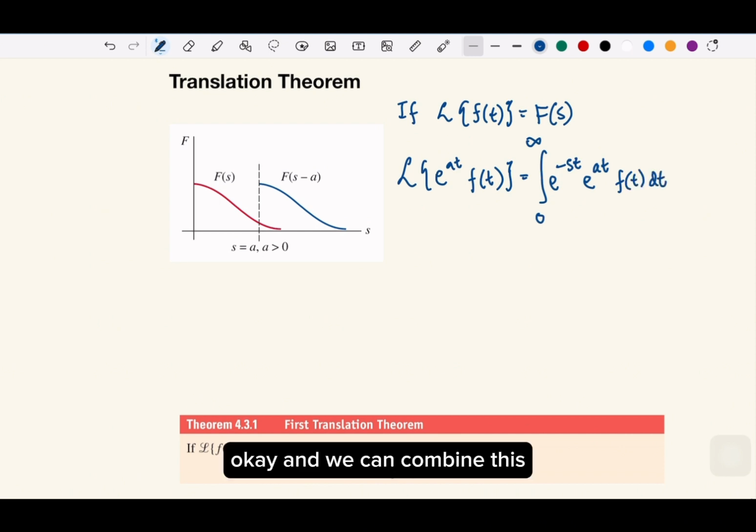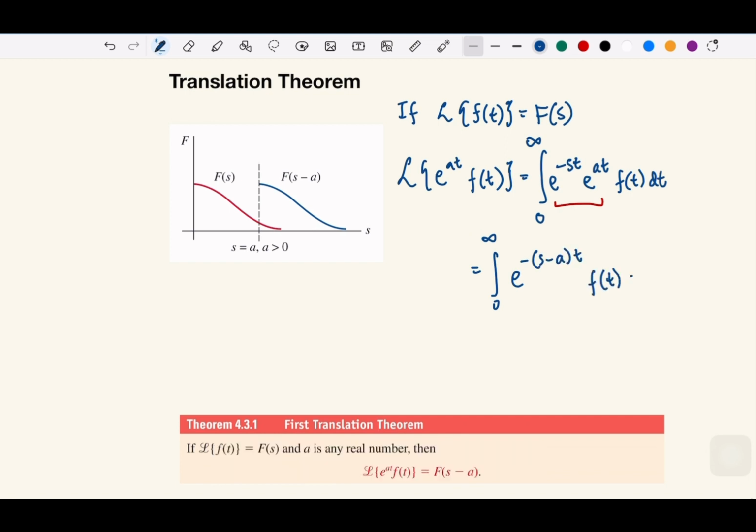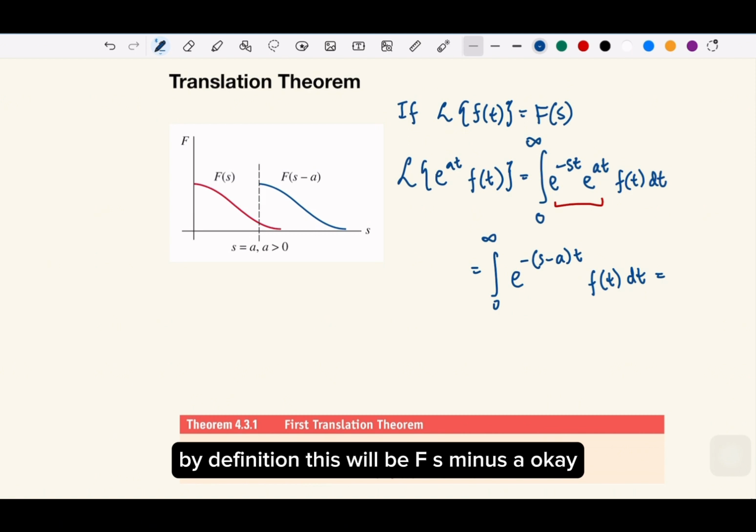We can combine this exponent, and you will see that we can make it into e to the negative (s minus a)t, f(t) dt, which by definition is F(s minus a).